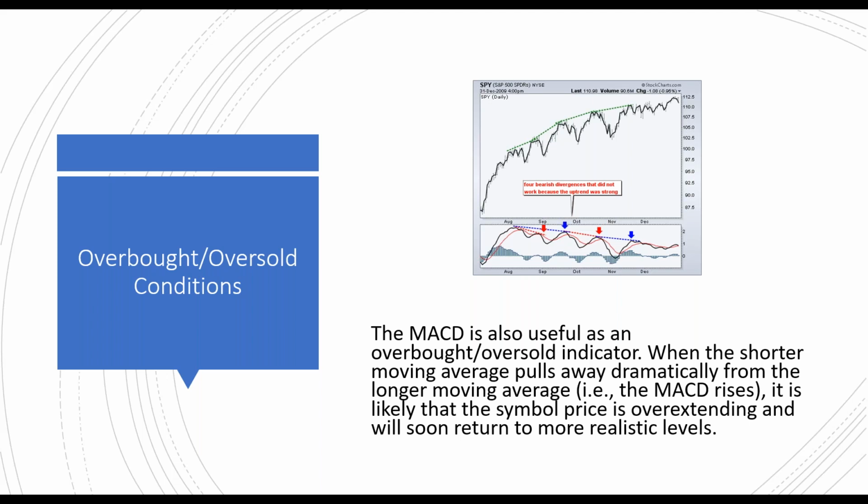And flip it over and the same happens for bearish. So when the shorter moving average pulls away dramatically from the longer moving average, the example is the MACD rises, it is likely that the asset price is overextending and will soon return to more normal, realistic levels.